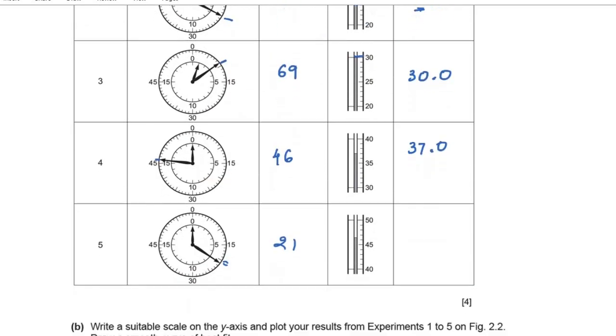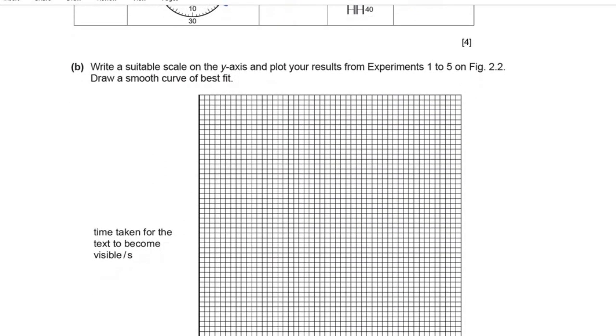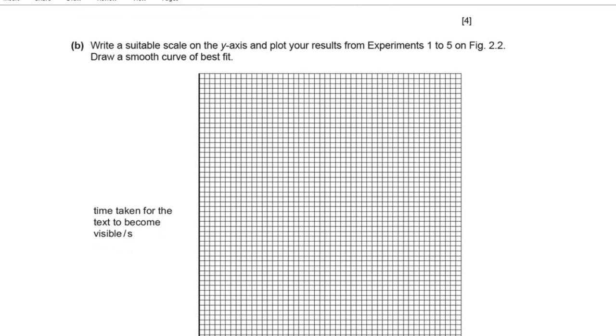And one more thermometer reading is left, between 46 and 47, so the reading should be 46.5 degrees Celsius.